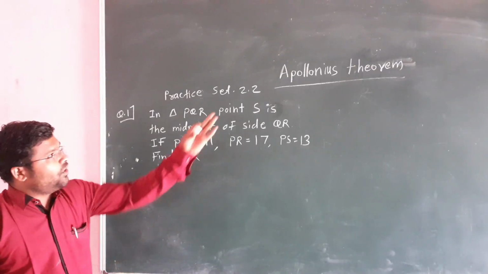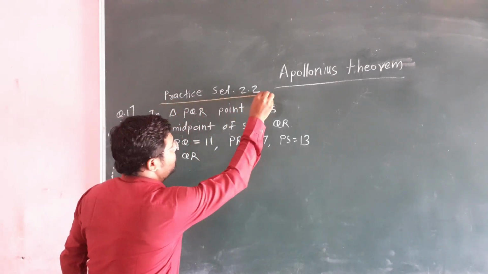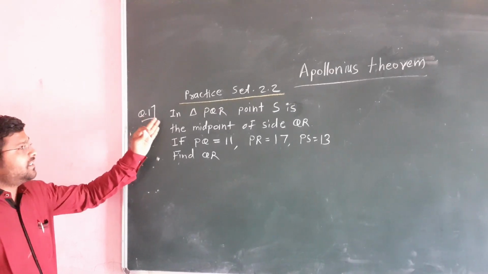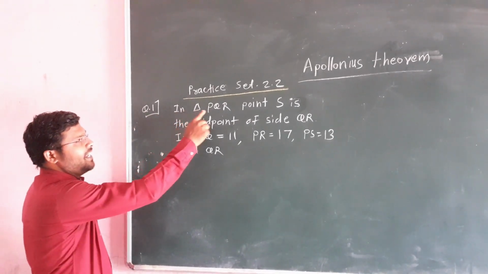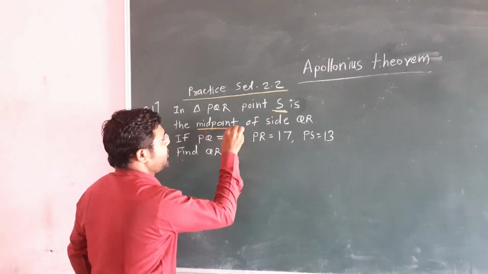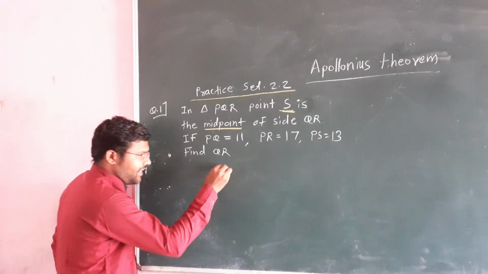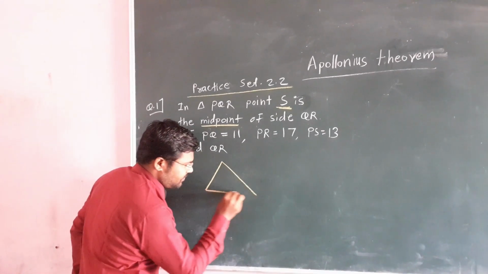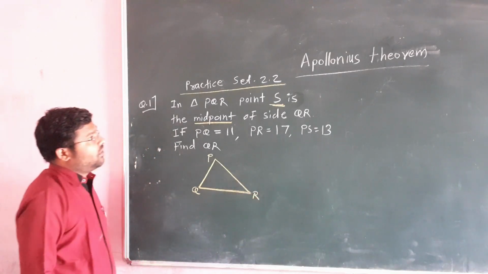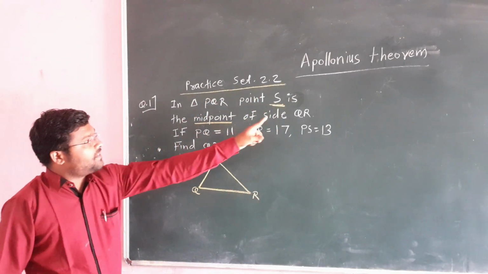By using the Apollonius theorem, we can solve practice set number 2.2. For example, example number 1: In triangle PQR, point S is the midpoint of side QR.